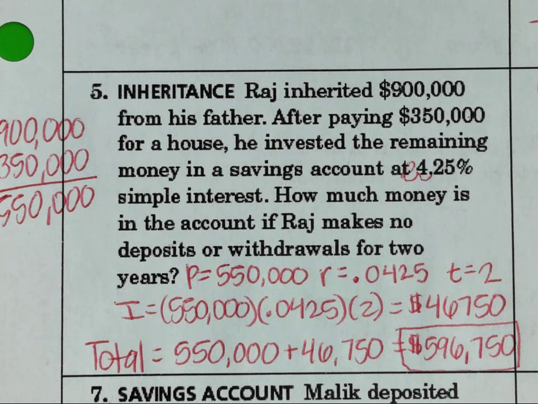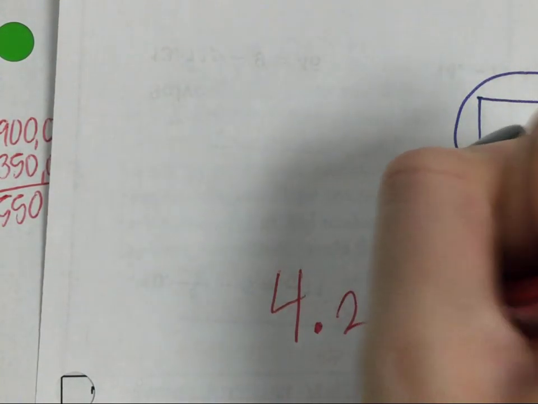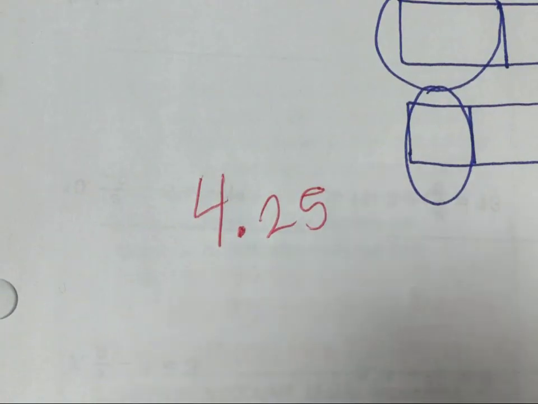I got 460. So you multiplied by 100. No, I didn't get the zero on the 460. Okay, if I have the percent 4.25, this is a percent, so I want to change it to a decimal.